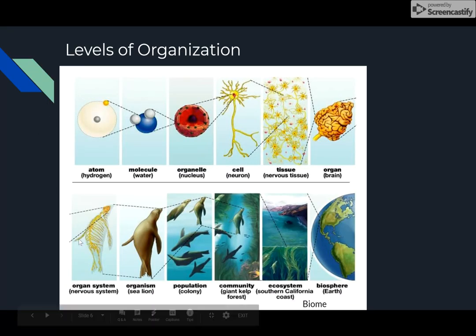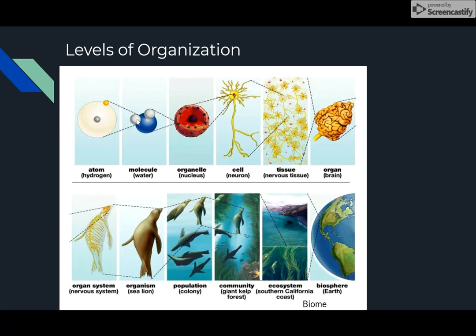So here are the levels of organization that we use in biology. The first is the atom. The atom is the basic unit of matter. That's its emergent property. You have things that are smaller than the atom, but they don't function as matter. So the emergent property of this level is that it is the basic unit of matter.